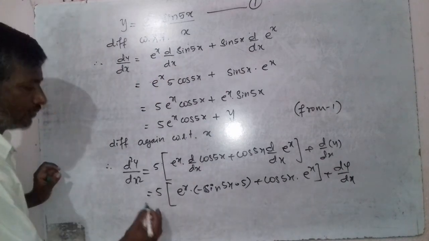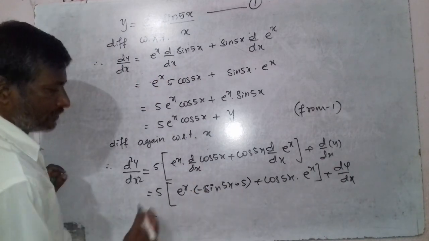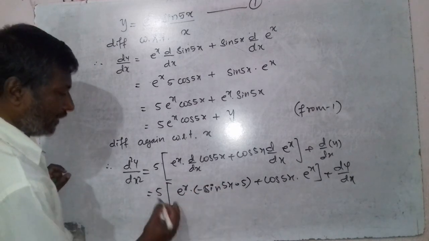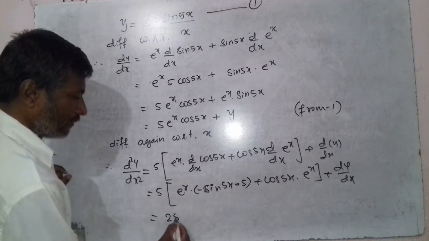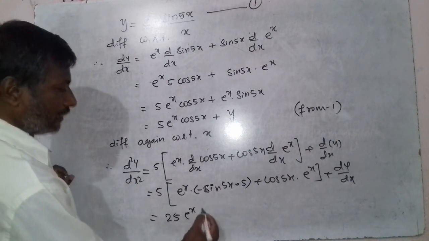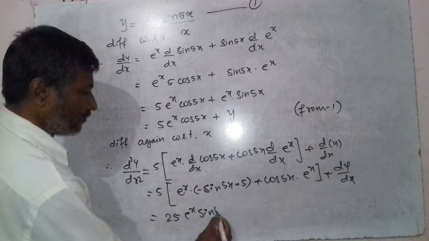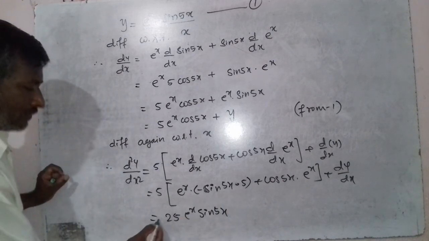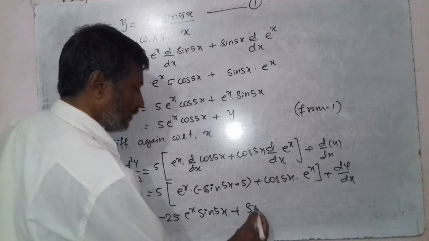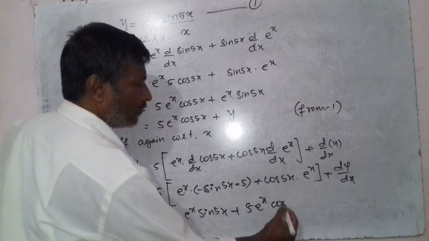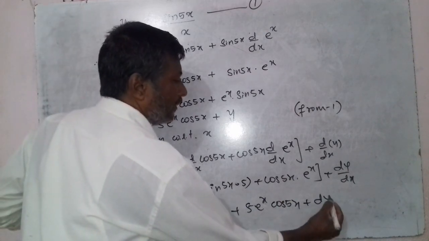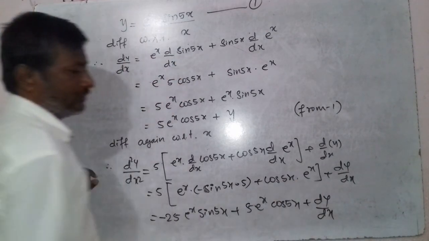Multiply this with this one: 5 into 5 is 25 e raised to x sin 5x, followed by a minus sign, plus 5 e raised to x cos 5x plus dy by dx.